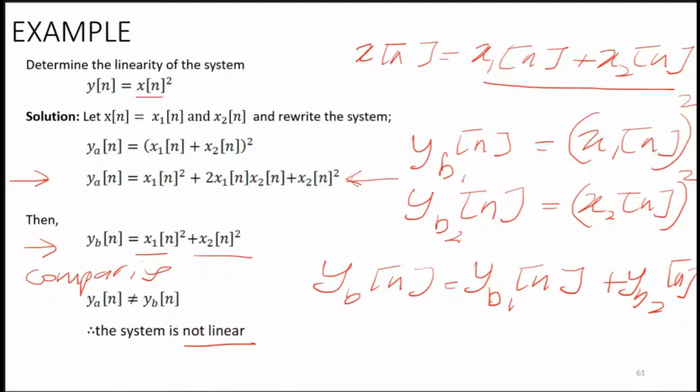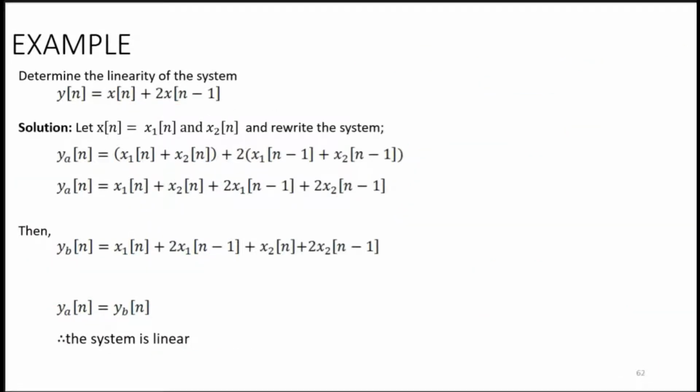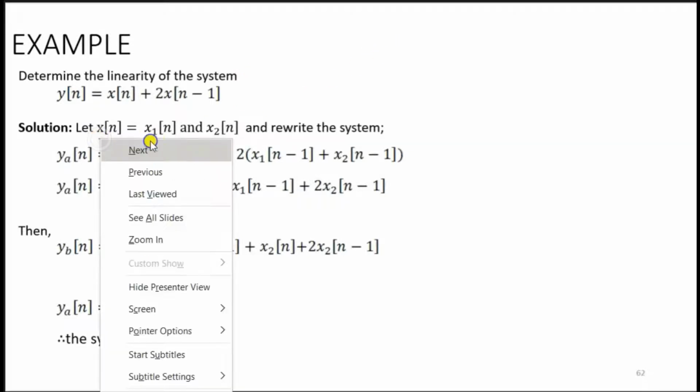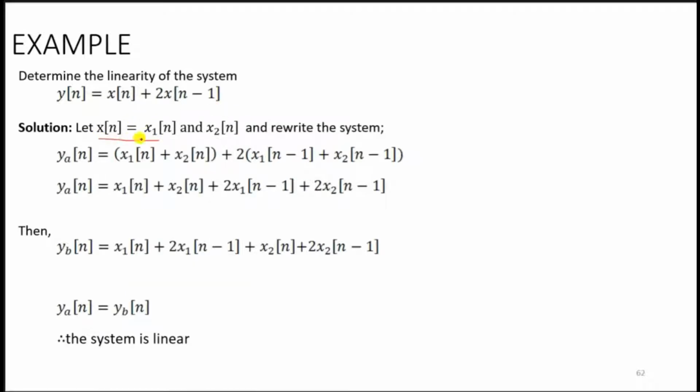Another example. Again, you are given a system and asked to determine its linearity. Again, you let x[n] = x1[n] + x2[n], and then you rewrite the system.